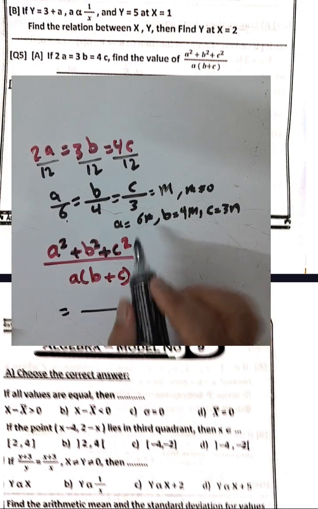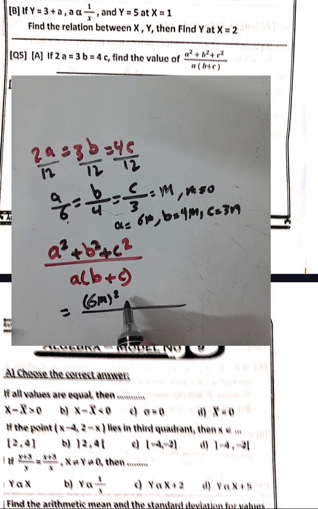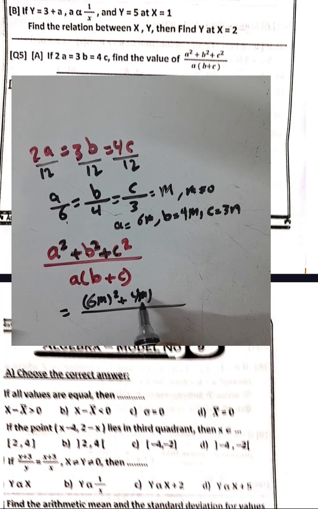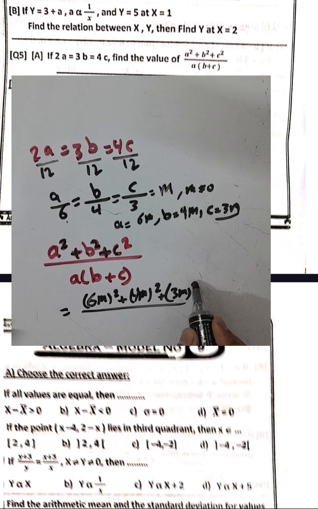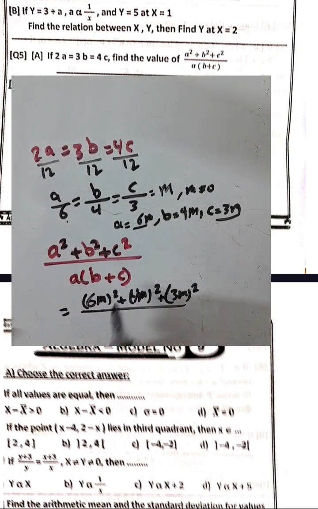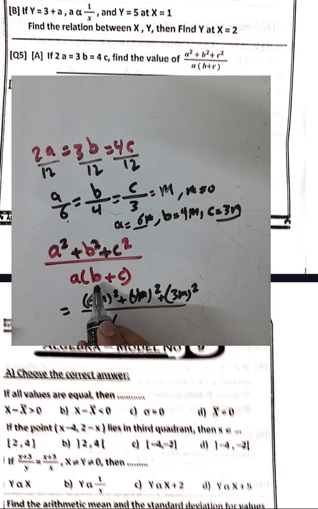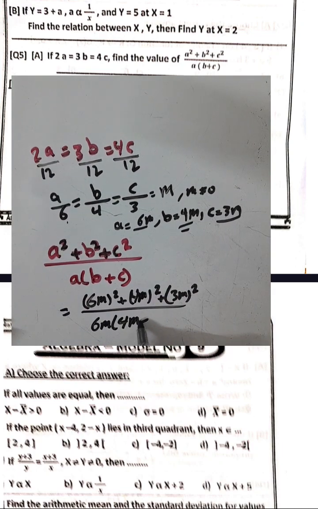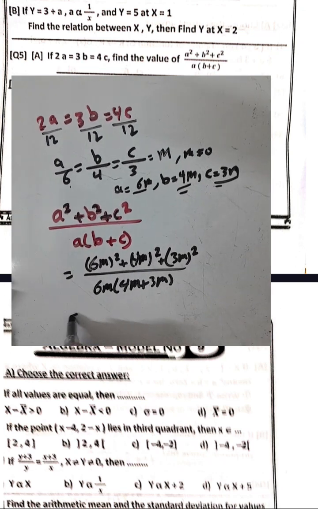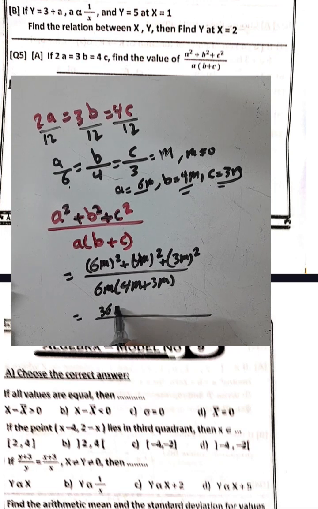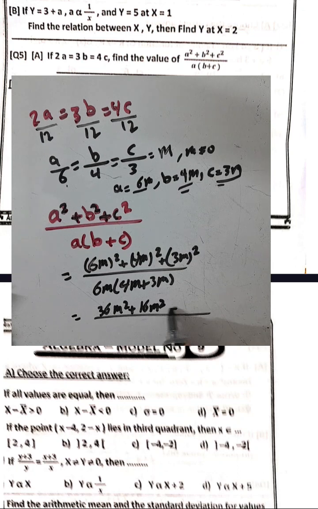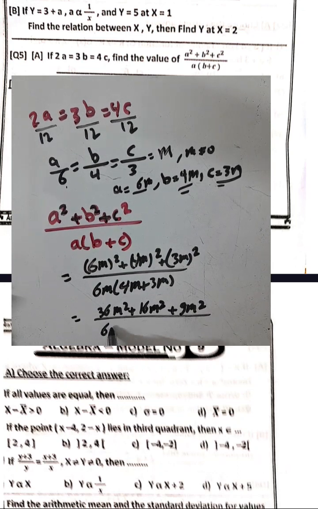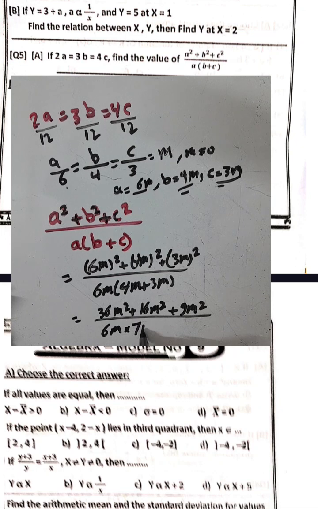A here was 6M, so 6M power 2, and B was 4M, plus C power 2, it will be 3M power 2, over A plus B plus C, where A equals 6M, B equals 4M, and C equals 3M. We can write here 36M power 2, and 4M power 2 will be 16M power 2, plus 9M power 2, over 6M plus 4M plus 3M equals 13M.